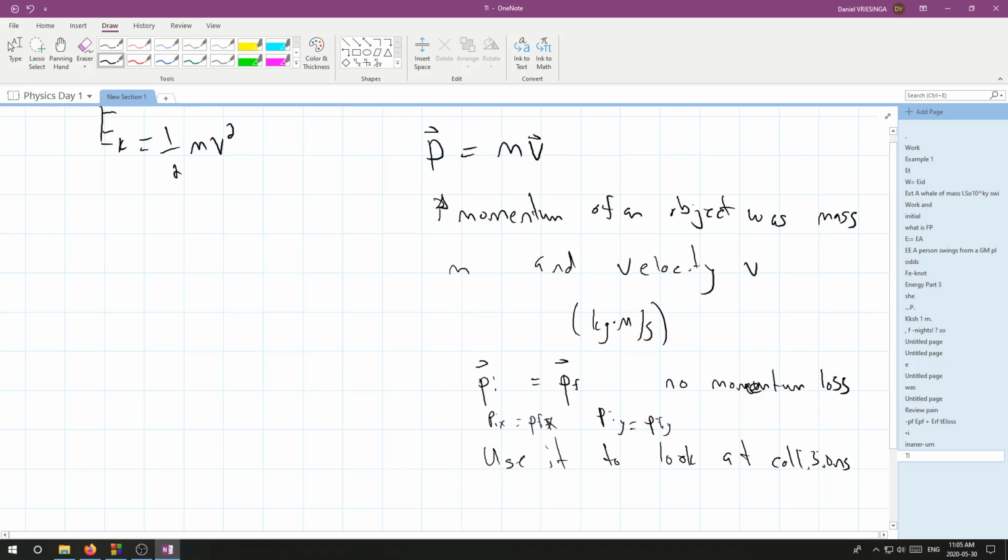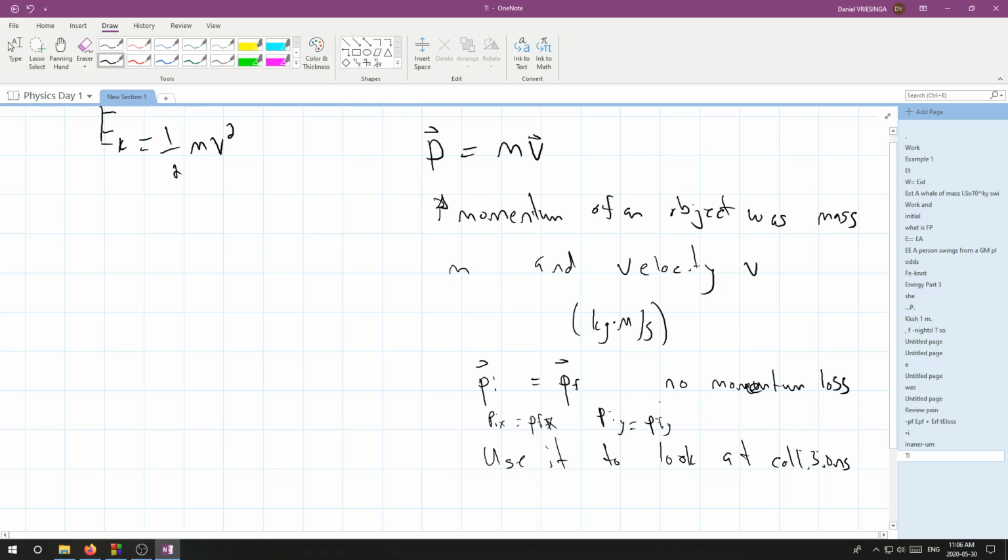So when we look at collisions, this is a super useful tool to see what happens. If we know the directions that two things are coming at when they hit each other and their masses, then we'll know where they're going to end up afterwards.